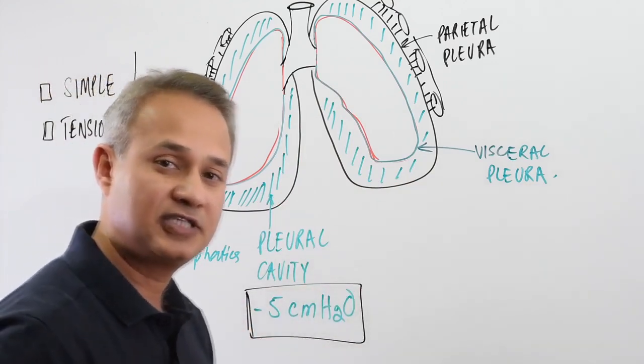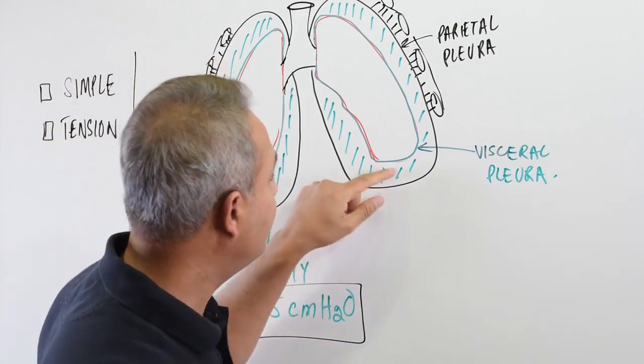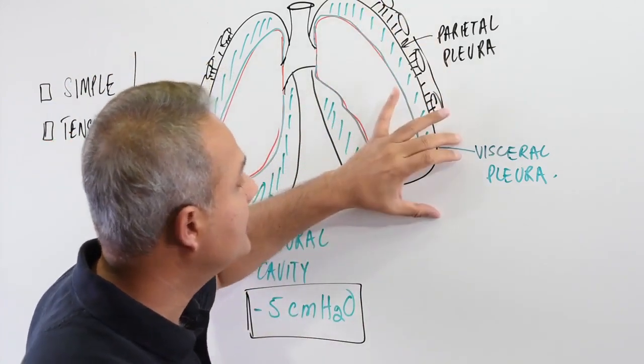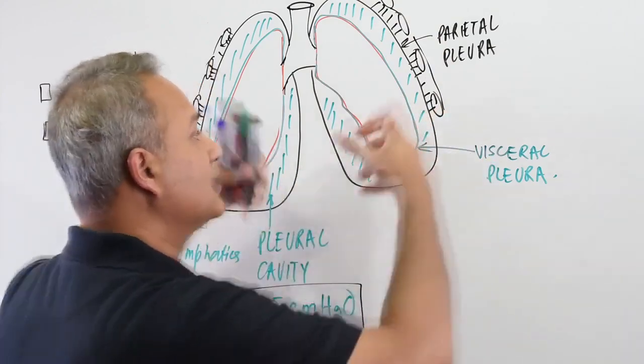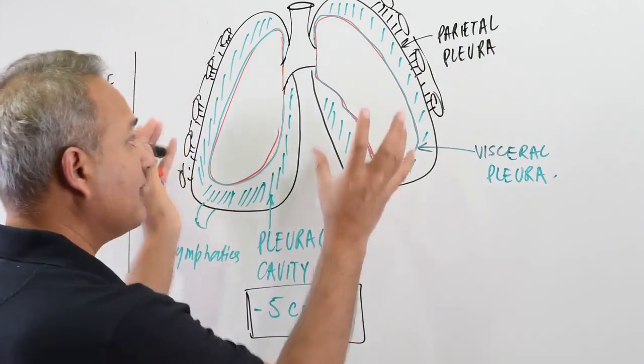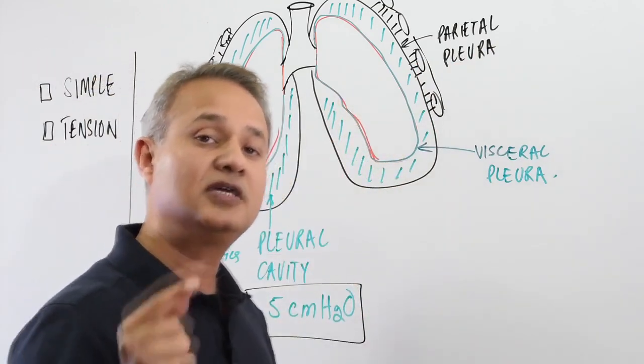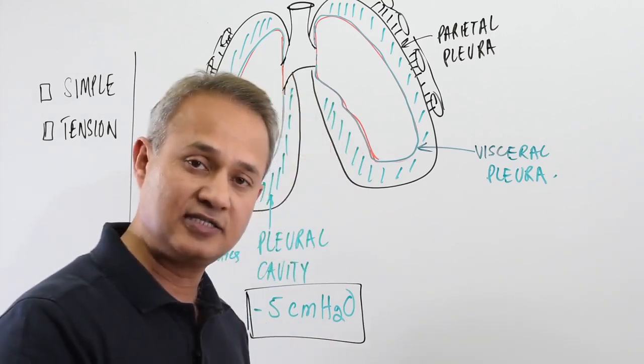Now imagine this for a second, before we talk about pneumothorax. If this suction effect is taken away, if this outward pull is taken away, then the lungs have a tendency to collapse, right? We did that in our previous lectures. What contributes to that tendency to collapse?